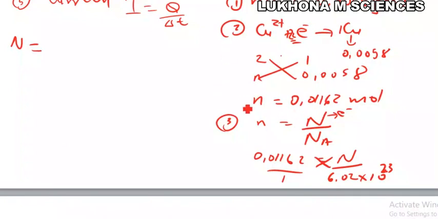So my calculator gives me, if that is correct, let me repeat it, 0.01162 times 6.02 times 10 to the power 23. Okay.